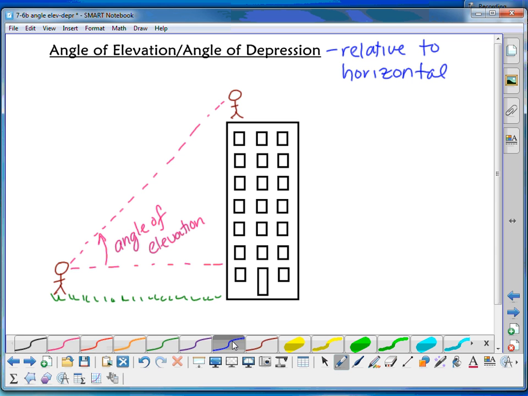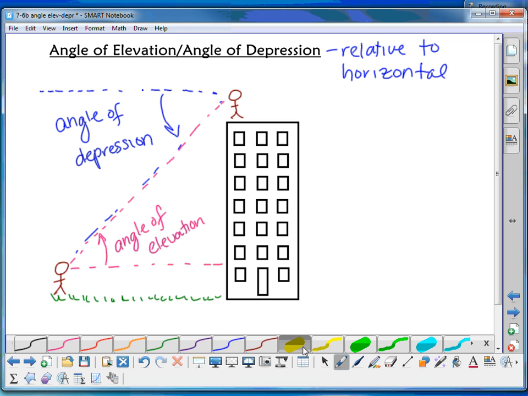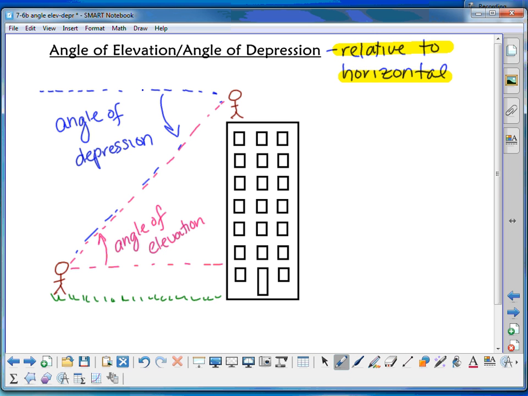And for the guy on top, again, we start with horizontal, and then he's looking down the same direction. So starting at horizontal and going down, that's the angle of depression. So really important: always start with a horizontal line, go up for elevation, down for depression.